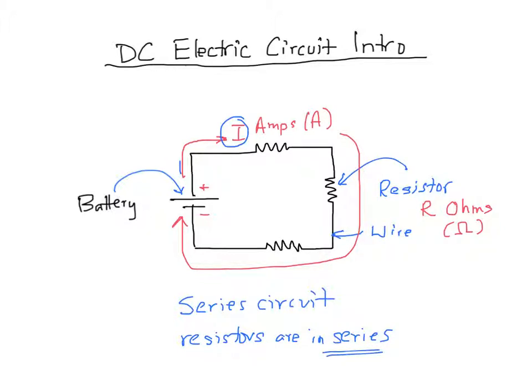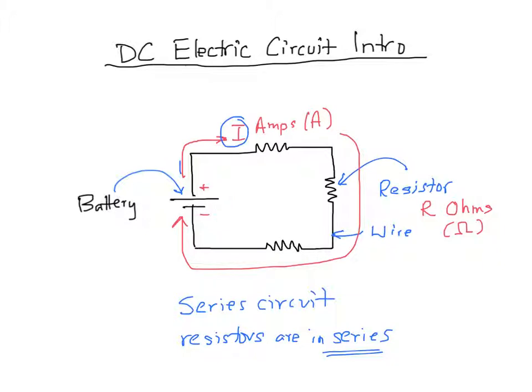That means all the current that goes through one resistor goes through the next resistor and the next resistor. So the current does not branch off into different branches of the circuit, which is something you'll see when resistors are in parallel.